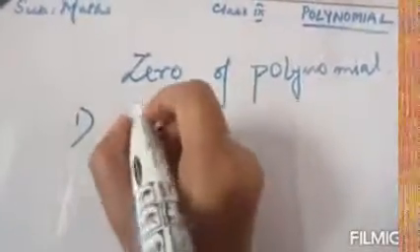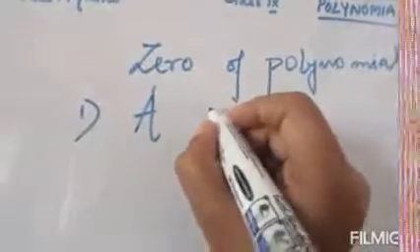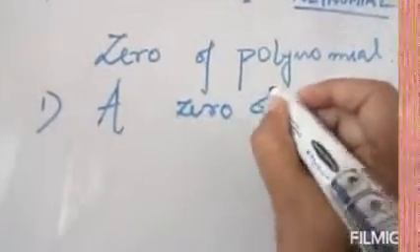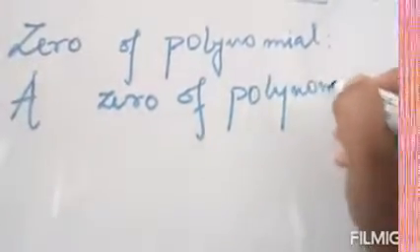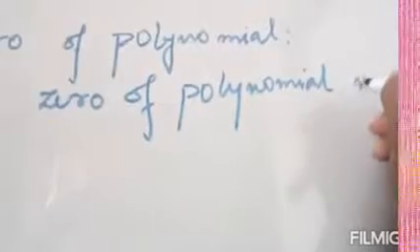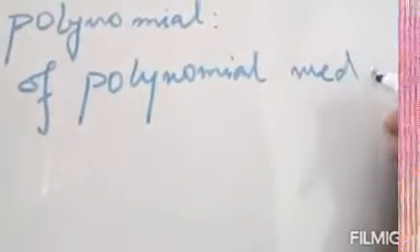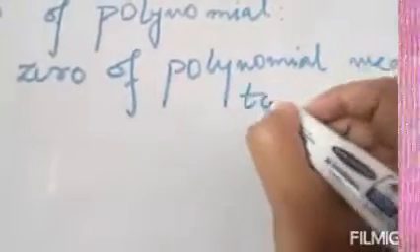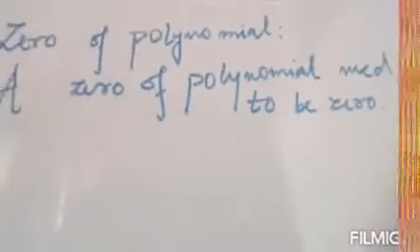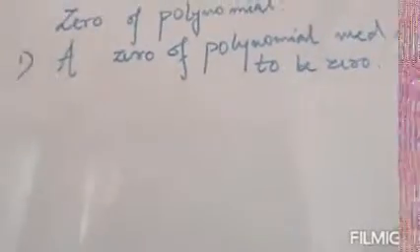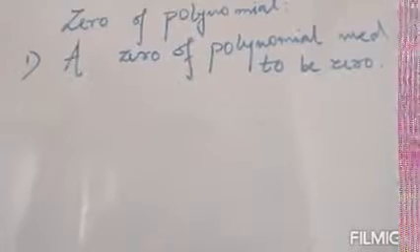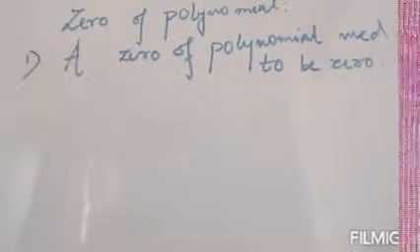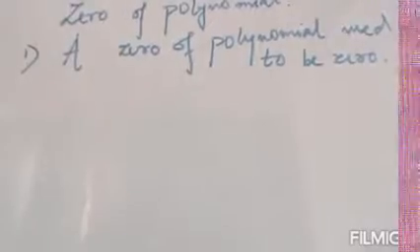A zero of polynomial need not be 0. You should have a clear idea that zero of polynomial does not mean that always the value of x will be 0. Only then will the equation come as 0.